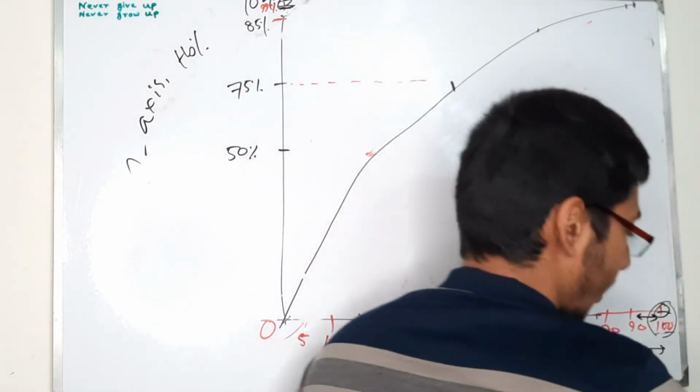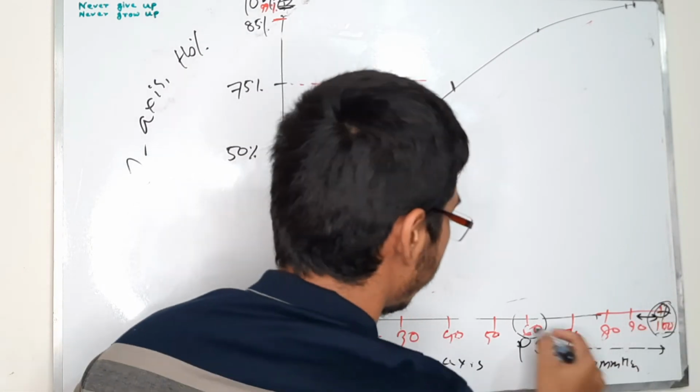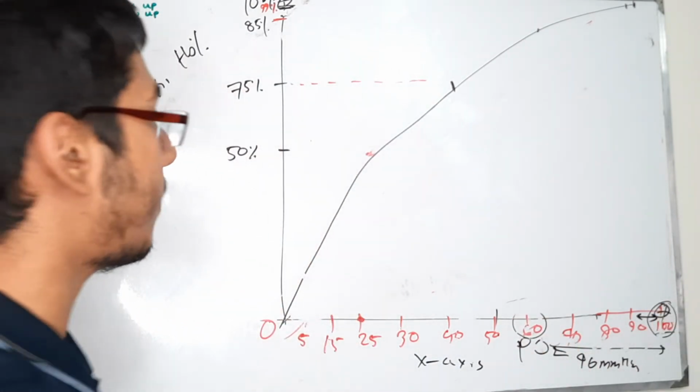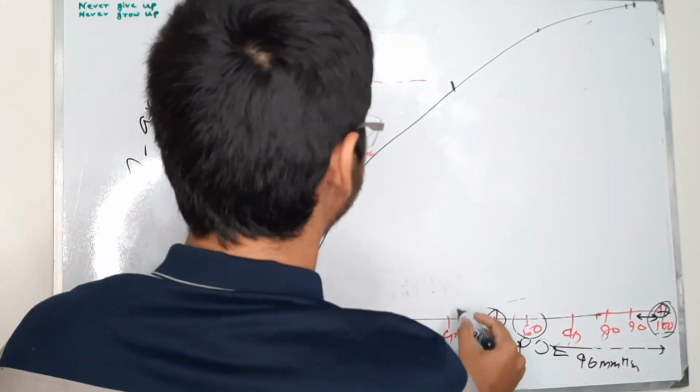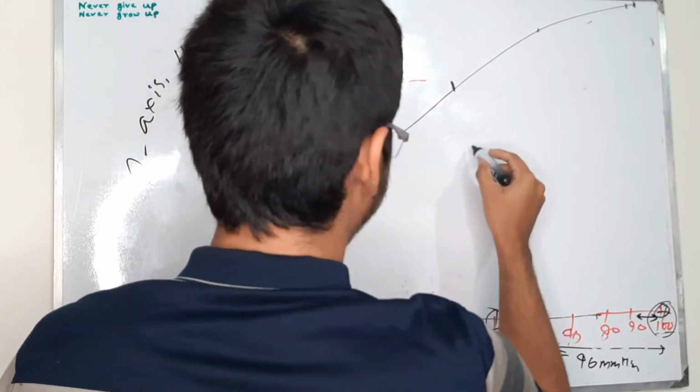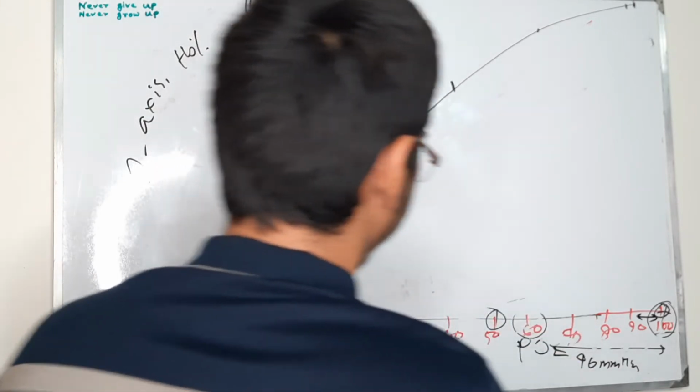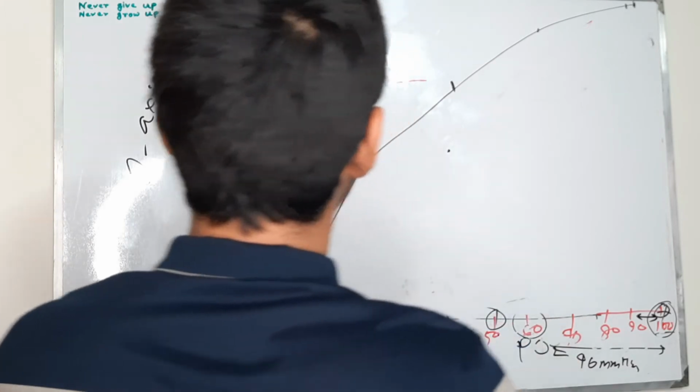If we reduce the pressure from 100 to 50 millimeters of mercury this time, then we'll see 50% of the saturation.